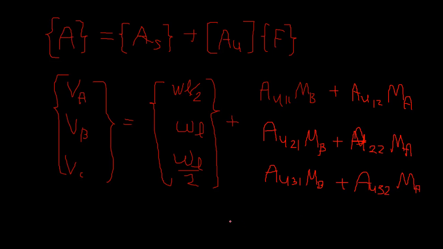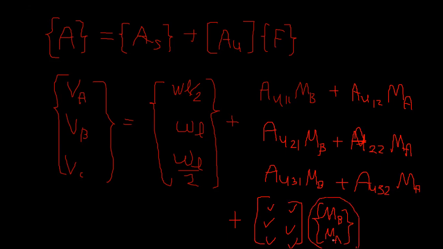Again, you can form a matrix. This is going to be 3 by 2 matrix into MB and MA. What is this matrix? This is the F matrix we found earlier, right?